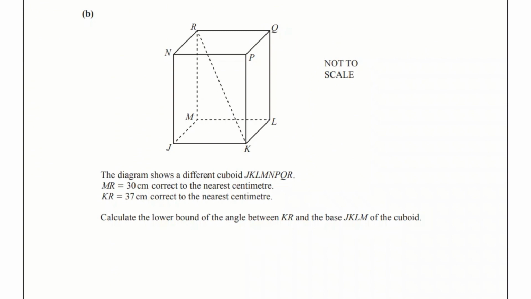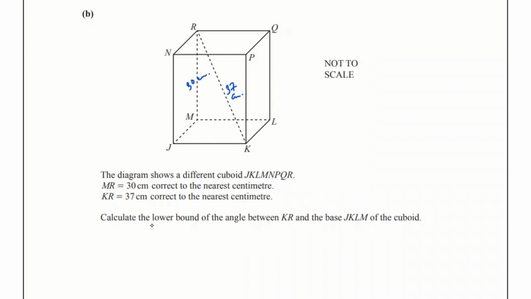The diagram shows a different cuboid over here. MR is 30 centimeters, correct to the nearest centimeter. KR is 37 centimeters to the nearest centimeter.